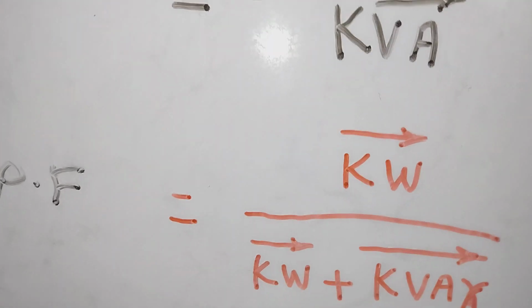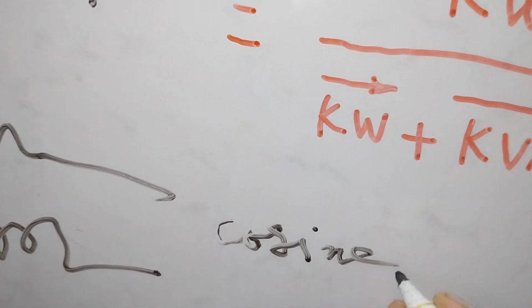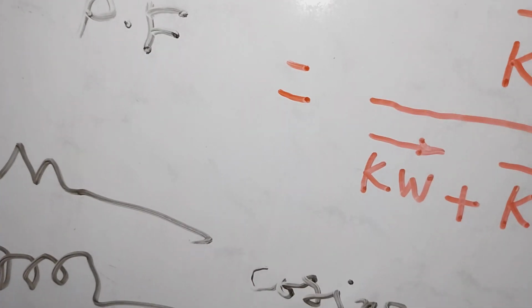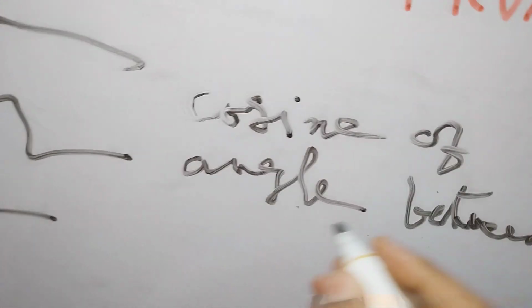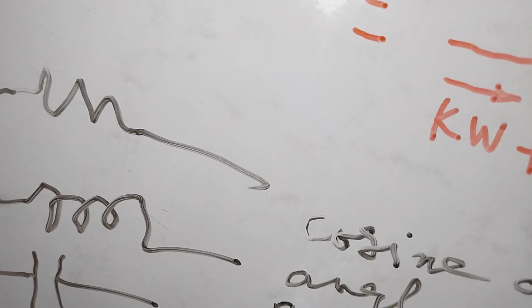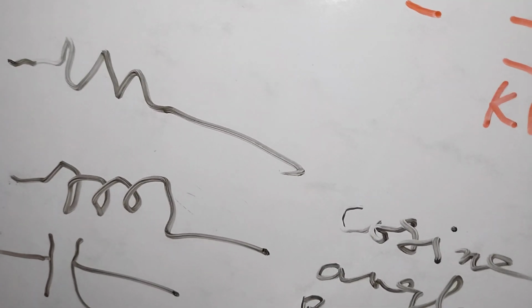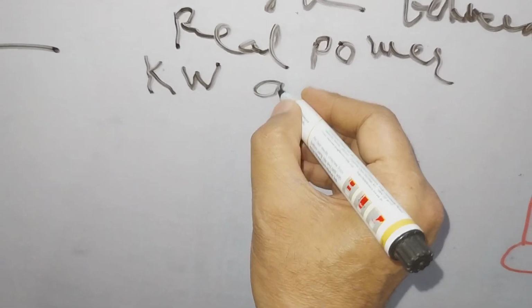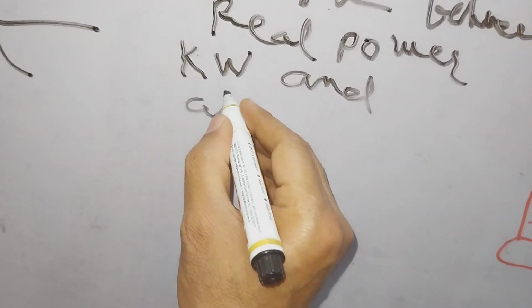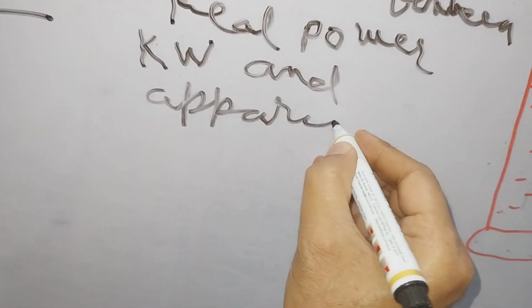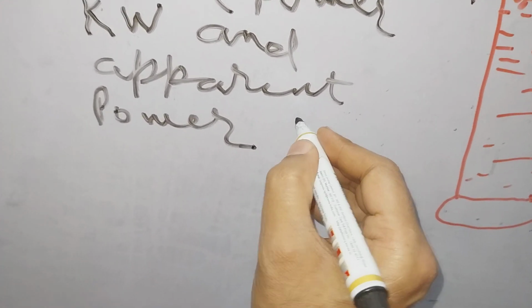So another definition of power factor is the cosine of the angle between real power, that is kW, and apparent power, that is kVA.